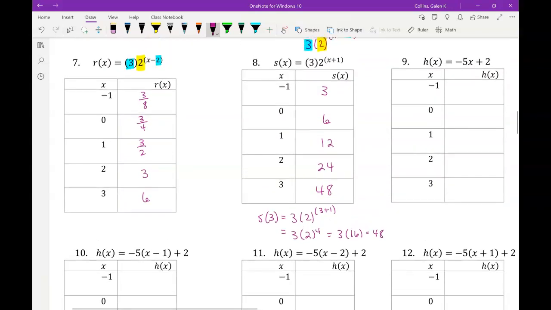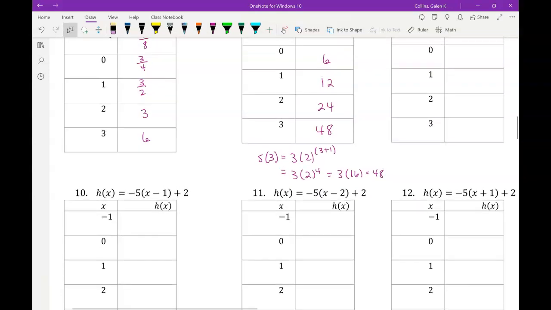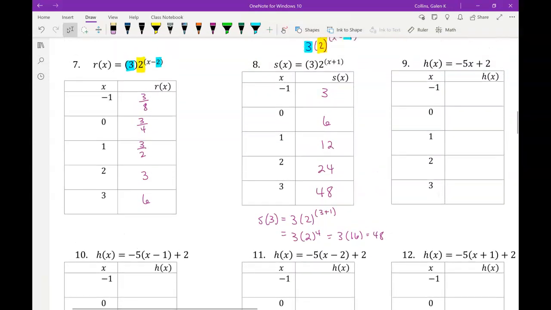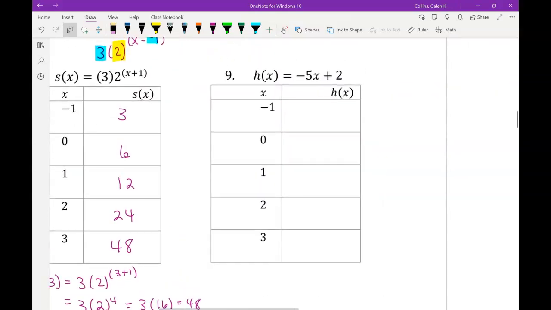Okay, the rest of these are going to be very, very similar to those first several problems. So I would encourage you to maybe fill out one of the tables, either by evaluating the function or recognizing that this is in the form of y equals mx plus b. And again, since this is a plain old x here, I know that 2 is in fact my y-intercept, and that I am decreasing by a constant decrease of 5.